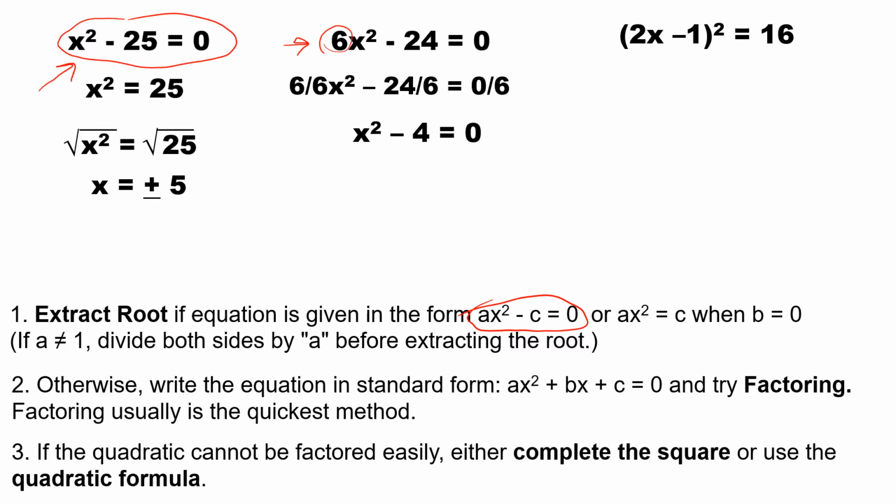From here, you can isolate the quadratic term and then take the square root, or extract the root, and you get plus or minus 2. Hopefully, if you saw this, you would know that that is a difference of squares, which can also be factored easily. But like I said, sometimes it's just easier to extract the root.